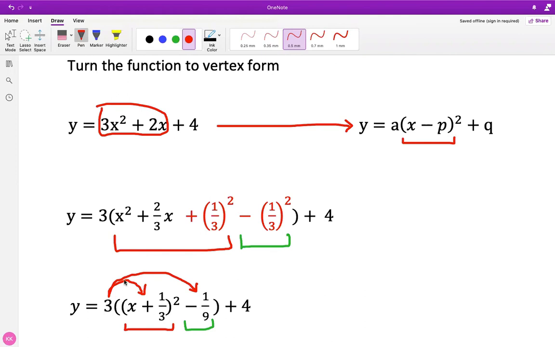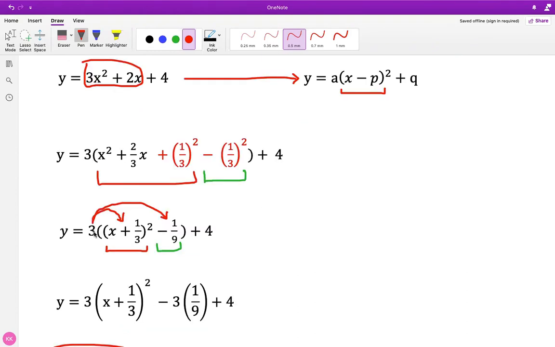So if I want to take this out, I need to multiply the 3 into x plus 1 over 3 squared and also into the 1 over 9. After I distribute the 3 to both terms, I get 3 times x plus 1 over 3 squared, minus 3 times 1 over 9, plus 4.